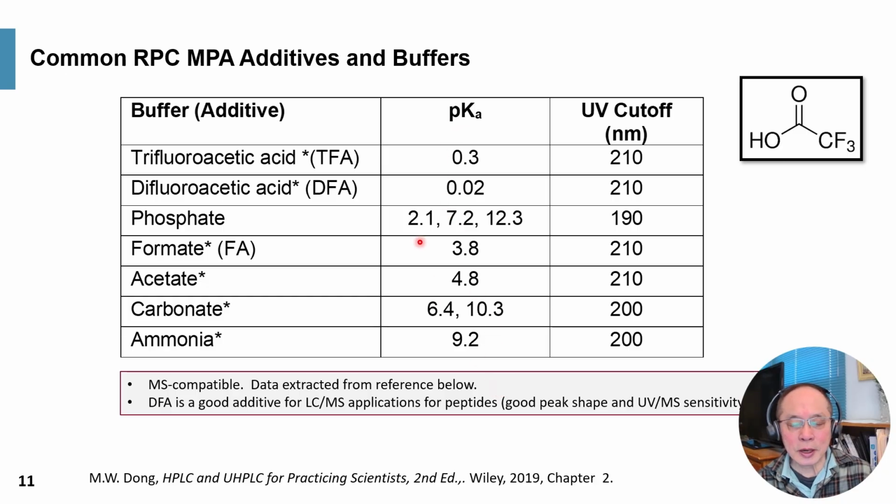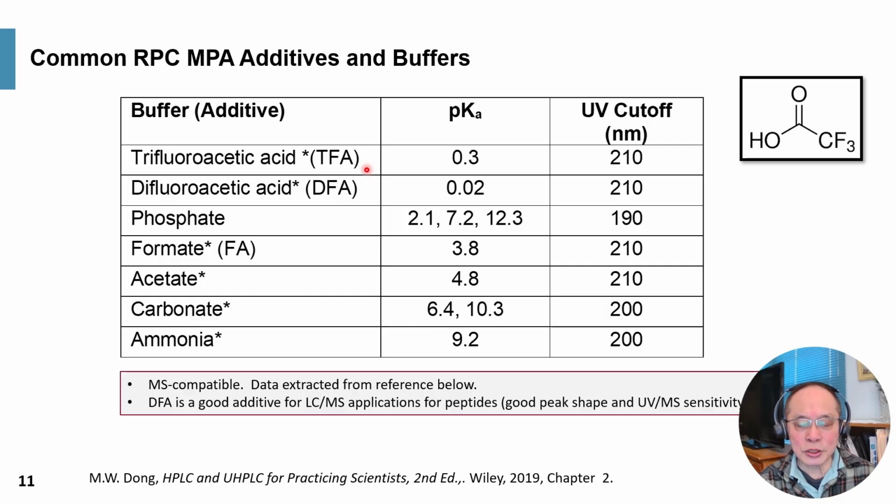I want to give a plug to TFA, which is very commonly used in pharmaceutical analysis and in the separation of protein and peptide. It happens to be an ion pairing reagent, therefore it gives you very good shape for proteins and peptides. However, because it's ion pairing, it also suppresses ionization for mass spec.